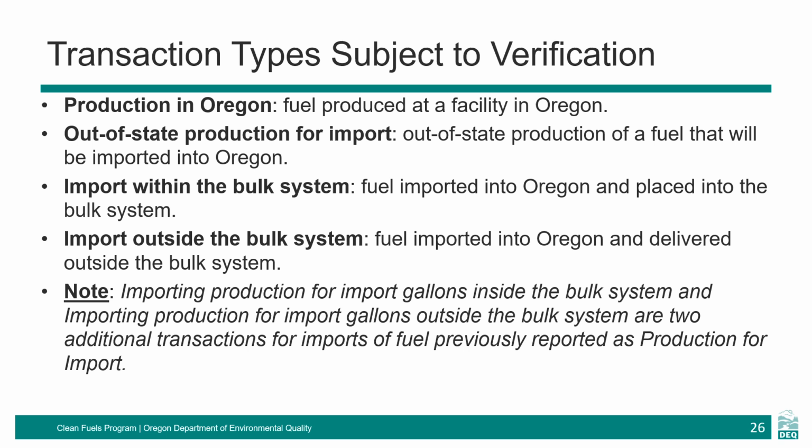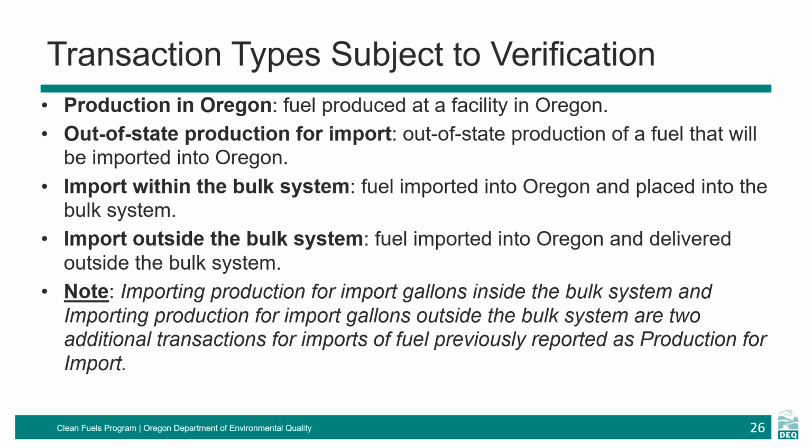Next, we will discuss specific transaction types that require verification. These include fuel produced at a facility in Oregon, that is, production in Oregon; out-of-state fuel production for import into Oregon, that is, out-of-state production for import; and fuel imports within and outside the bulk system, that is, import within the bulk system and import outside the bulk system.